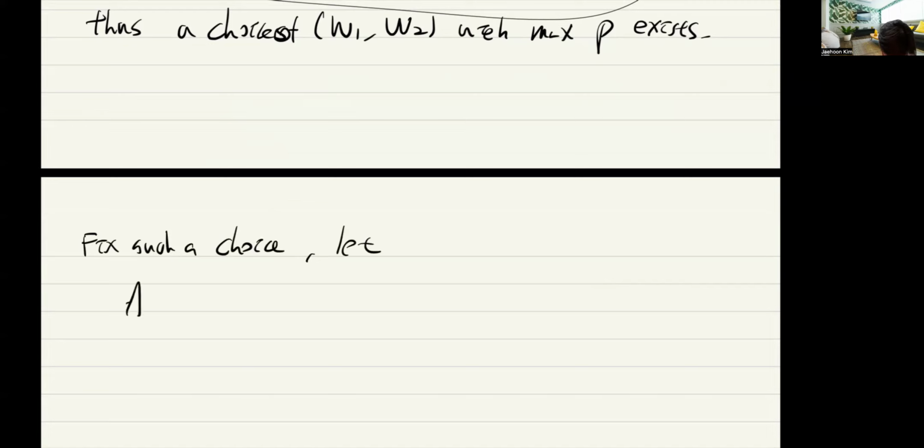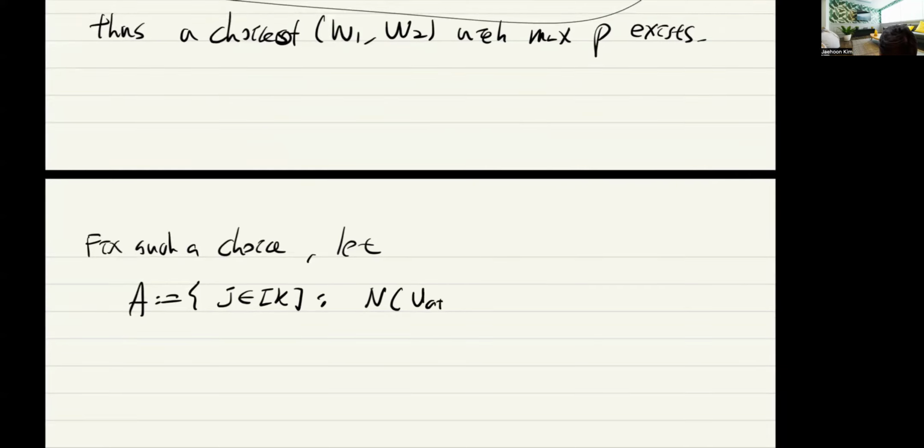And let A be all the indices such that UA plus J sends to B at least K minus 1.